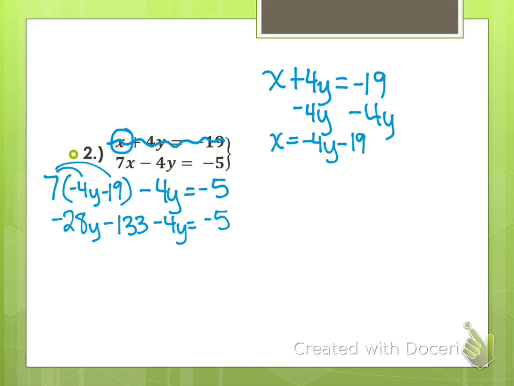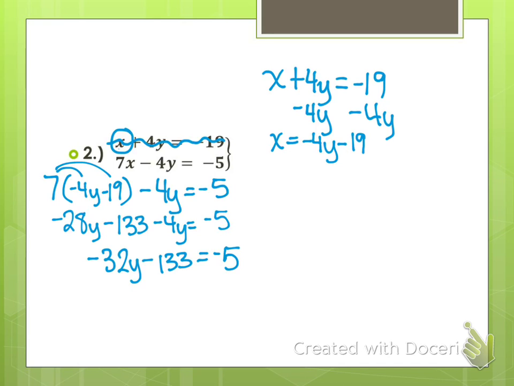All right, next thing, combine like terms. How many y's do I have when I combine? Positive or negative? -32. If I combine -28y minus 4y, I get -32y minus 133 equals -5.